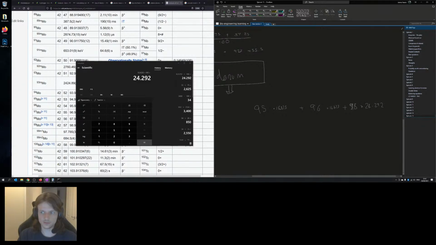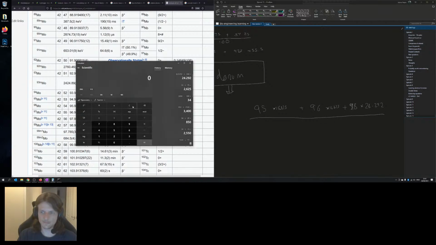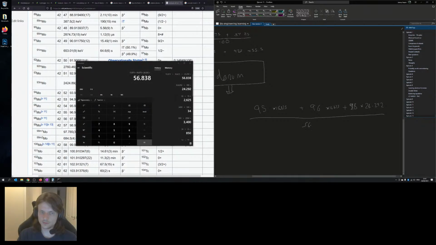I better do these as times, to be honest, because that's confusing me. Divided by what we got here: 15.873 plus 16.673 plus 24.292, 56.838.